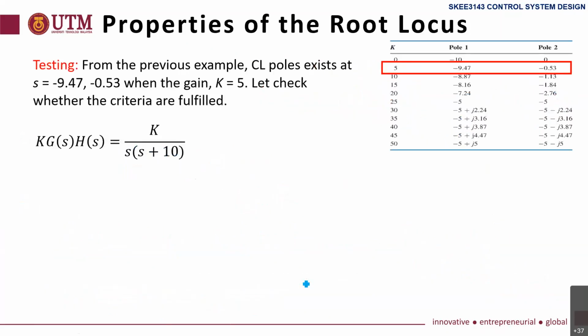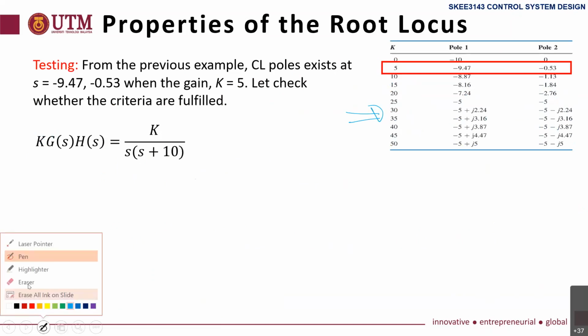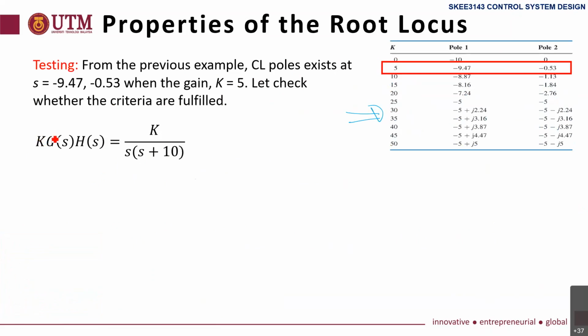Let's do some testing to prove that what we just discussed is correct. Remember this one? We did this in the previous class. We have the transfer function K G(s)H(s) equals K over s(s plus 10), and we calculated manually. For different values of K, we get two poles, pole 1 and pole 2.